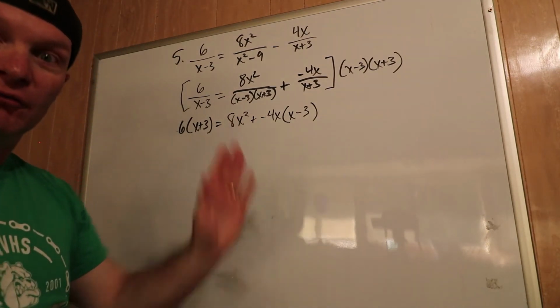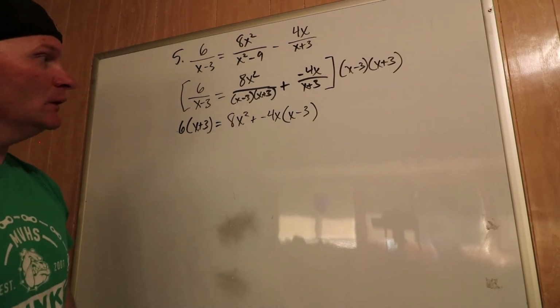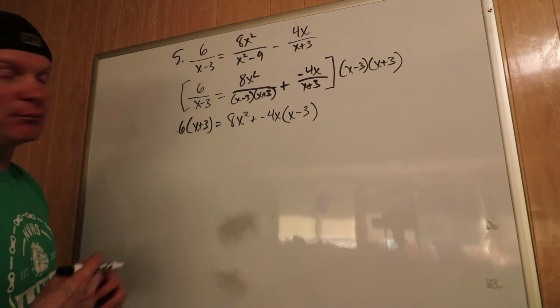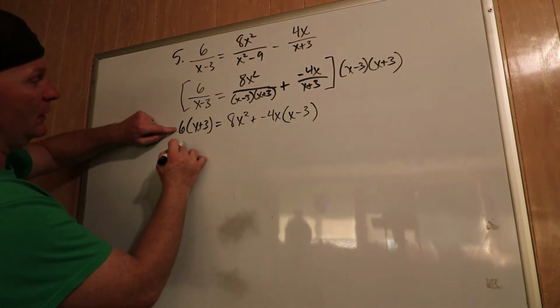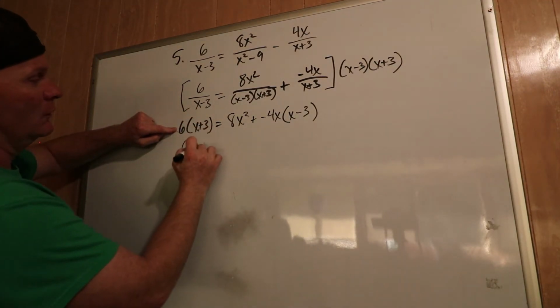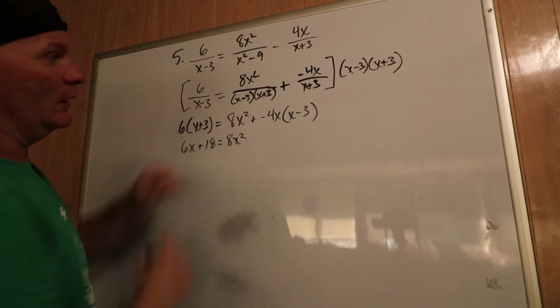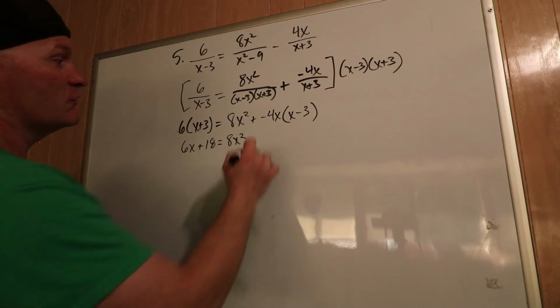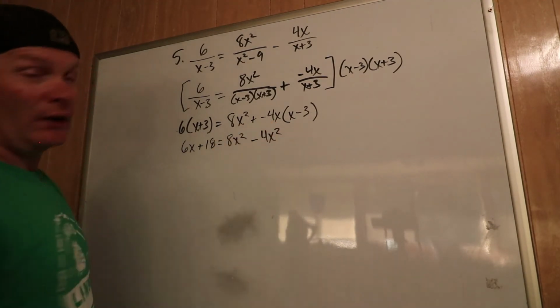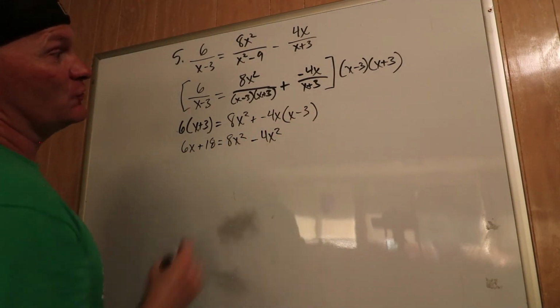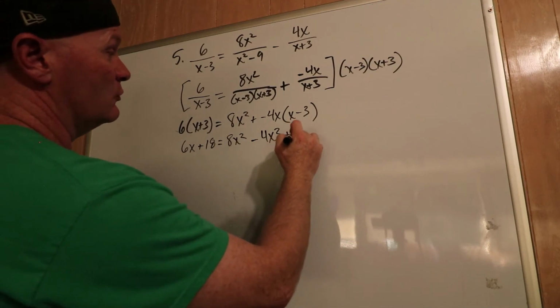Okay, we got rid of the fractions, which is nice. Now let's see what we can do to simplify this a little bit. I'm going to distribute here, so I get 6x plus 18 equals 8x squared. Negative 4x times x is negative 4x squared. Negative 4x times negative 3 is plus 12x.